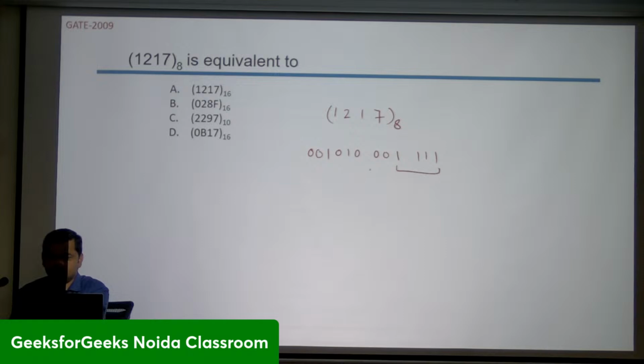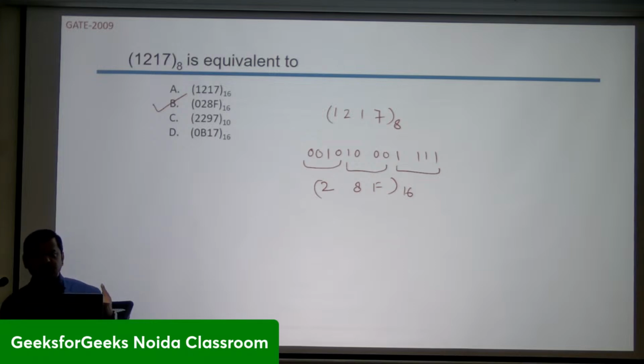Start combining 4 terms from the LSB and you can see that it is 28F base 16. So option B is the correct one. Now, since option B is correct, A and D cannot be correct, because they have the same base. Base 16 may have only one correct option.